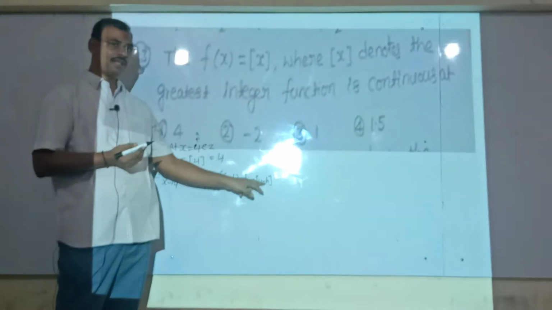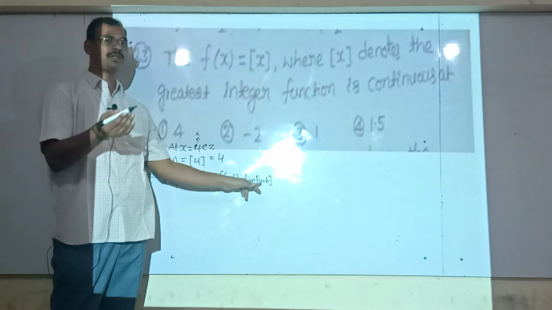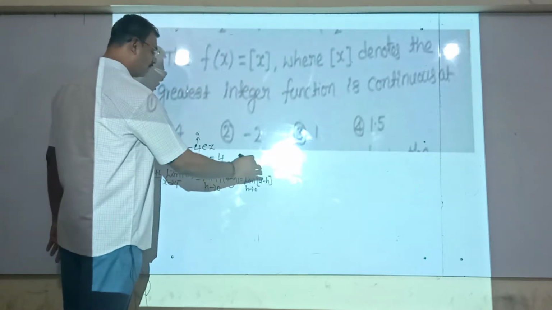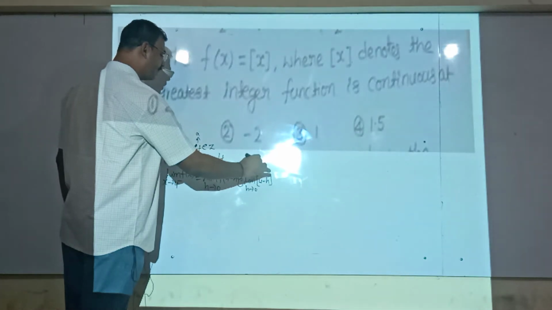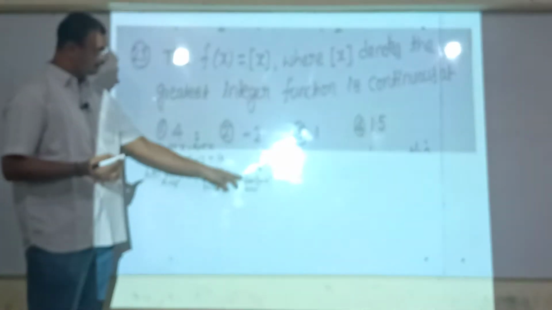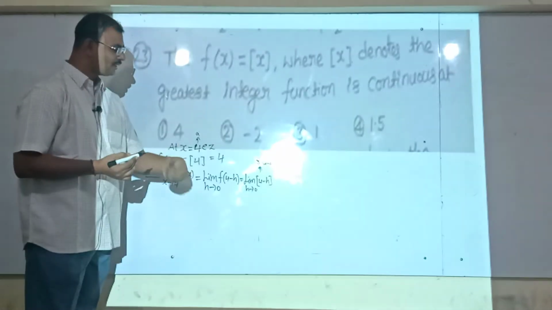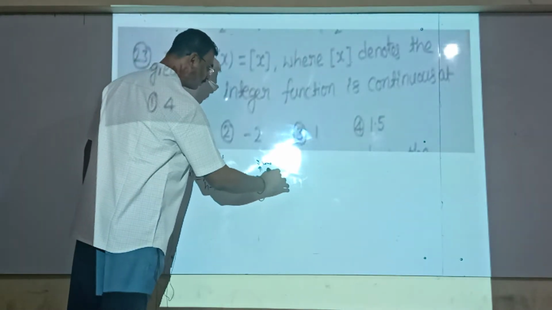So 4 minus h, when something is subtracted, is 3 point something only. The greatest integer of 3 point something is 3 only.